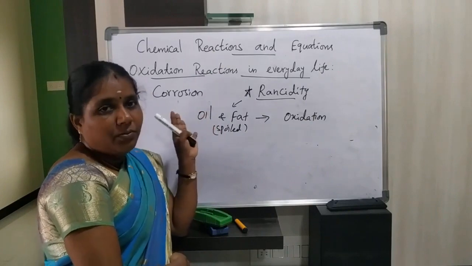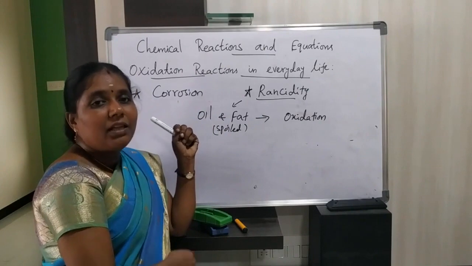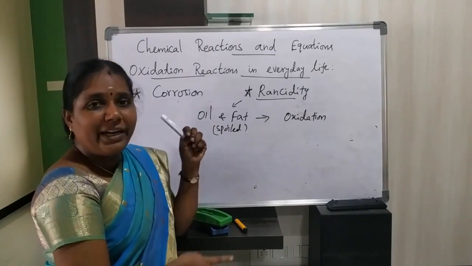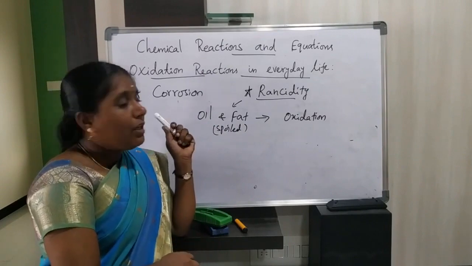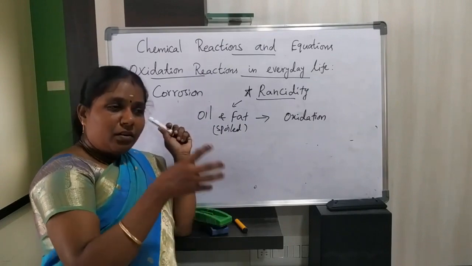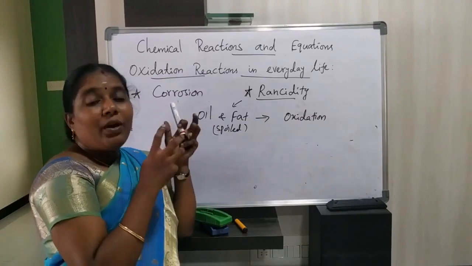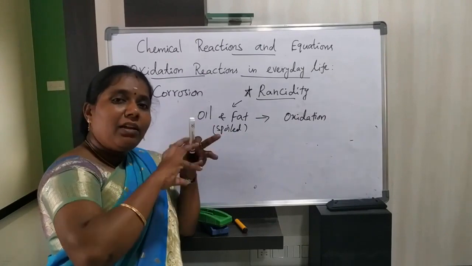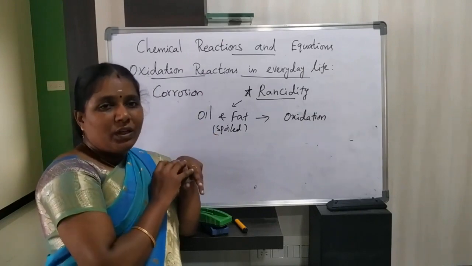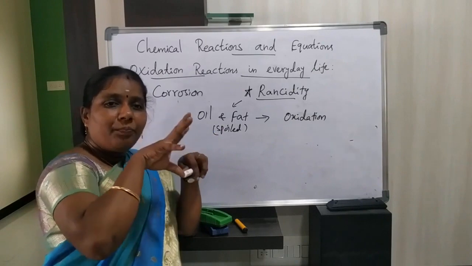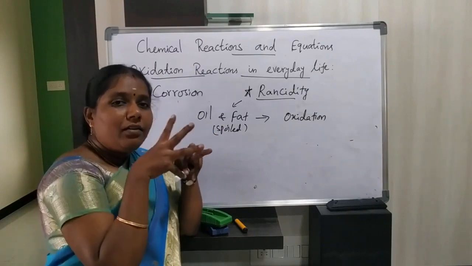So the damage in rancidity is that oil and fatty food items get rancid with the help of aerial oxidation. We know that we collect some food items from a store. While collecting those food items, they preserve them by adding vinegar or applying some other substance, like nitrogen packaging, because those substances act as antioxidants.